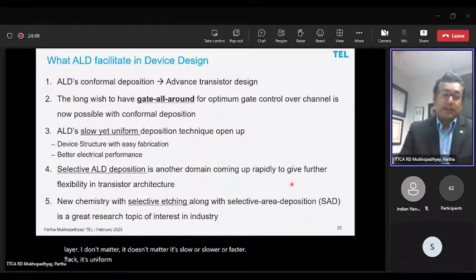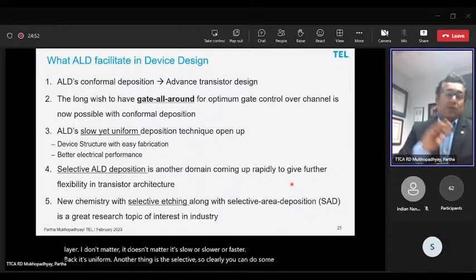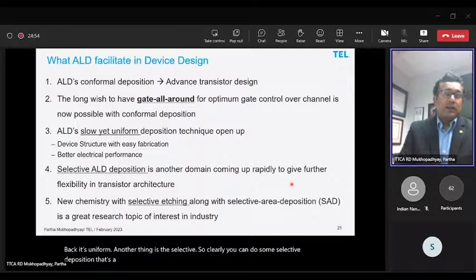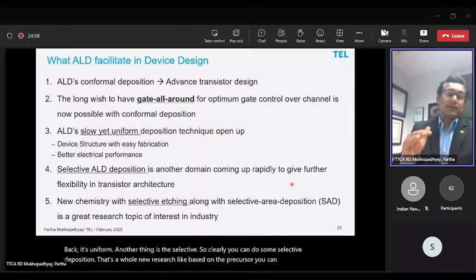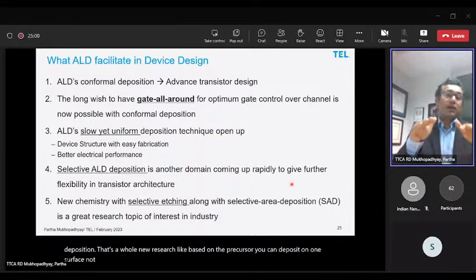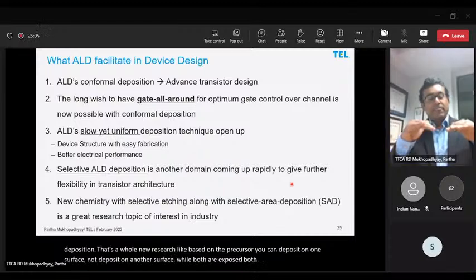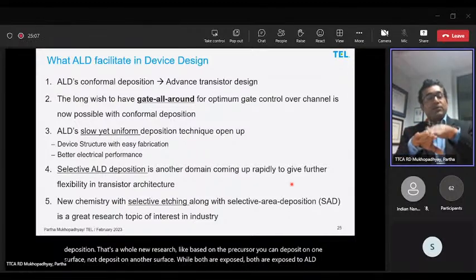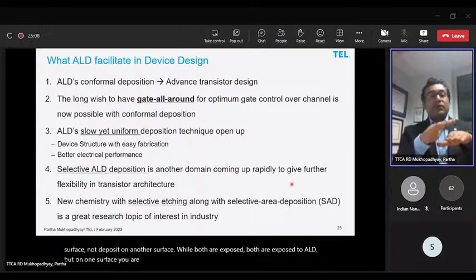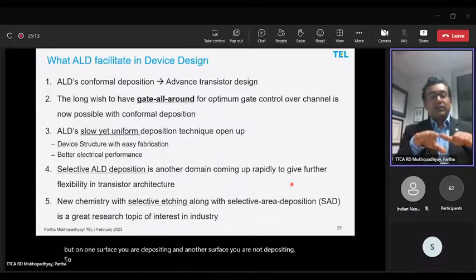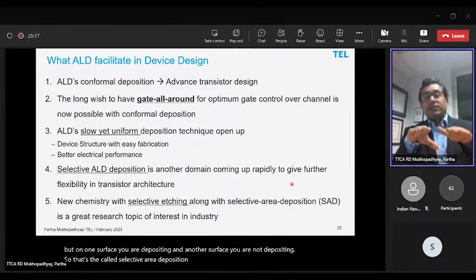Another thing is selectivity. You can do selective deposition, which is a whole new research area. Based on the precursor, you can deposit on one surface and not on another surface, while both are exposed to ALD. That's called selective area deposition, and also selective area etching.